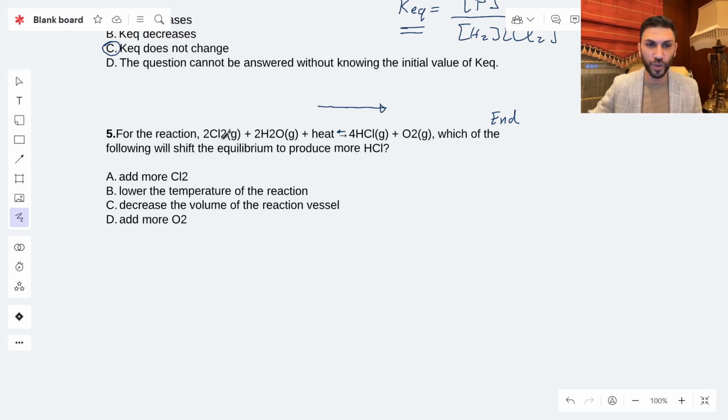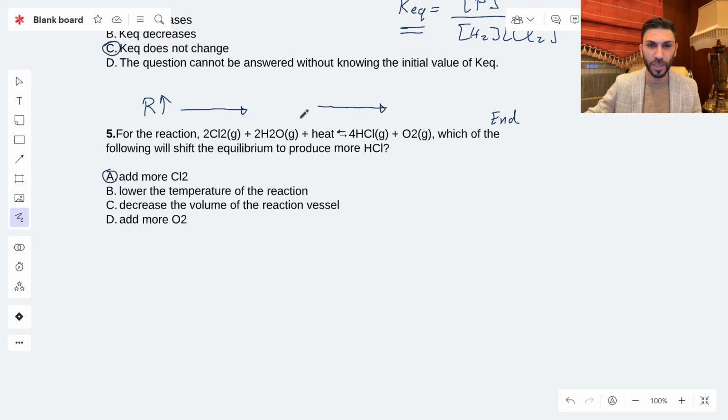Adding more Cl2, of course, adding of reactant, so increasing the reactant, it will try to consume the addition of the reactant, and it will shift to where the products are to reduce the reactant. So I believe A is the correct one because we have only one correct answer.